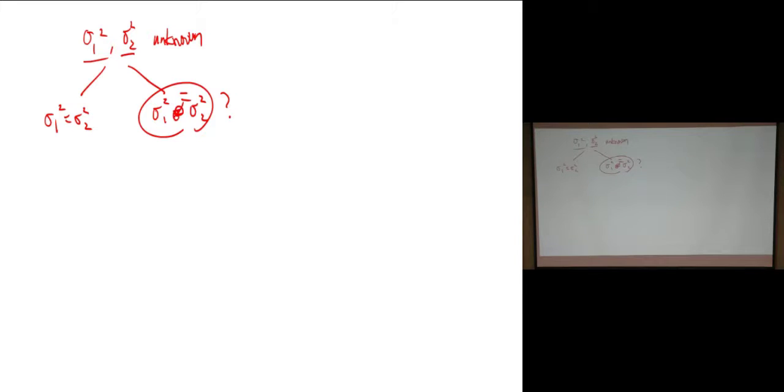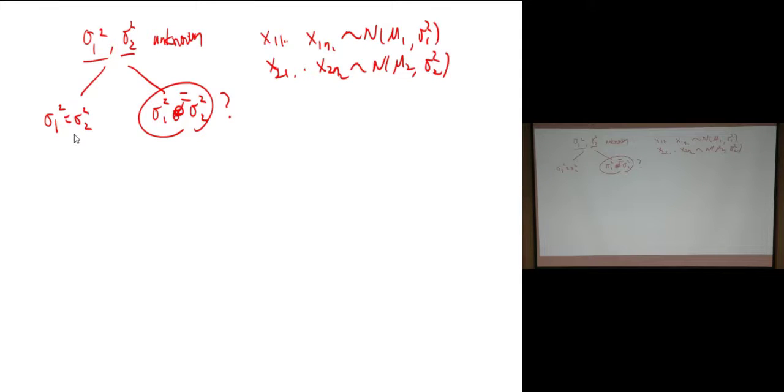So we still have this one normal, mu1 sigma 1 square, and this one normal, mu2 sigma 2 square.